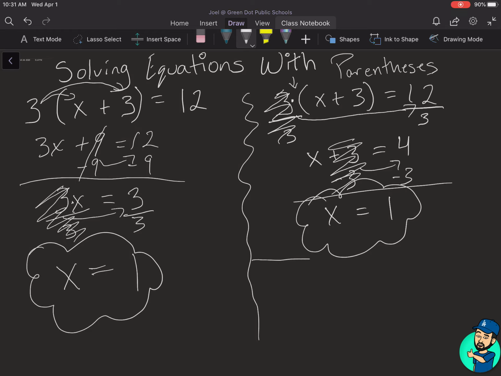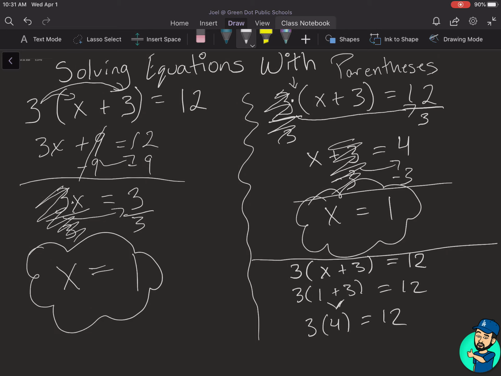Check my work. All right, let's check the work. I'm going to write down the original problem here. If I substitute that x for the 1, I get 3 parentheses 1 plus 3 equals 12. Now in PEMDAS, we do parentheses first. So you need to add 1 plus 3, which equals 4.